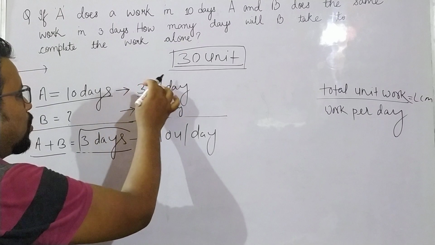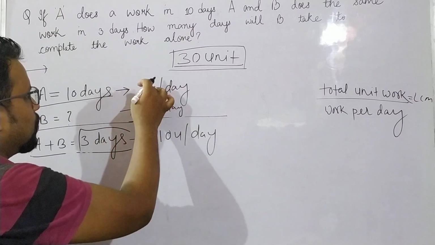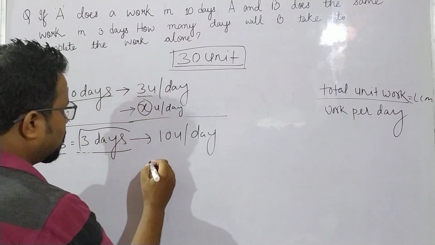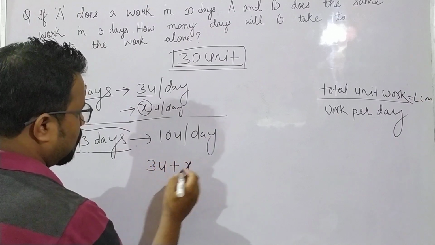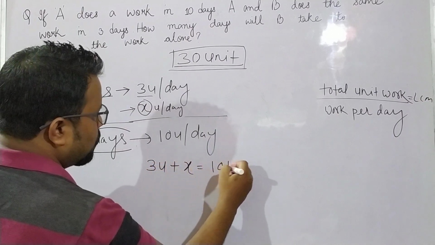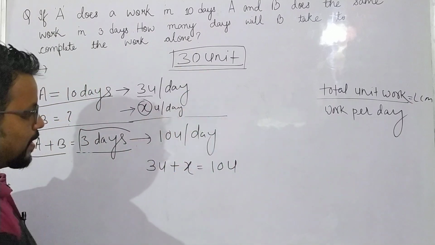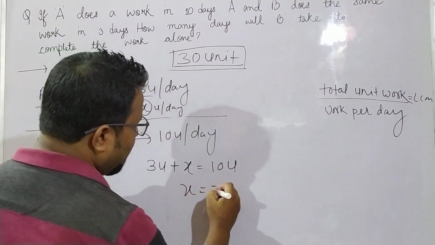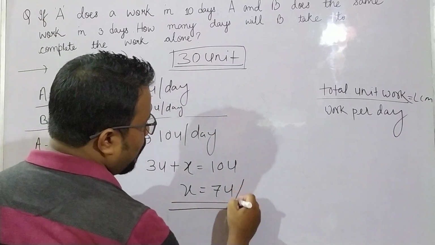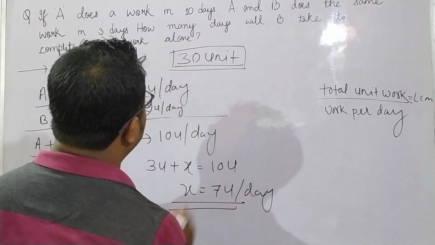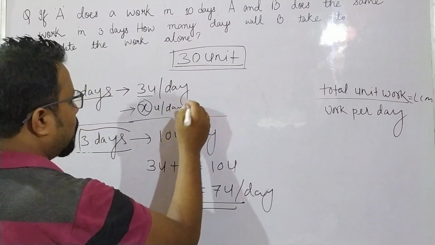So 3 units plus X units is equal to 10 units. So X will be equal to 7 units per day.